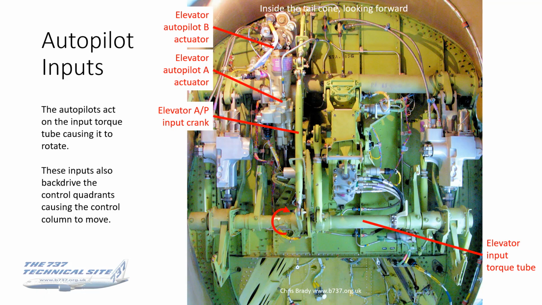So you've got the actuators for the A and B autopilots. They move or can act in series on dual autopilot to move the elevator autopilot input crank, that long tube there on left of center. That's not really an input crank, it's a sort of control rod, and it goes down to the input crank, which is on the input torque tube. So that's the second way of putting inputs into the elevator input torque tube.